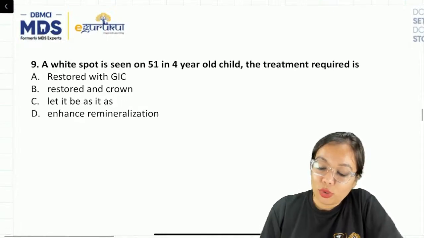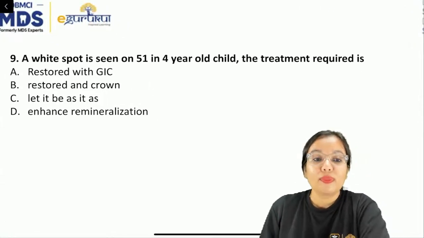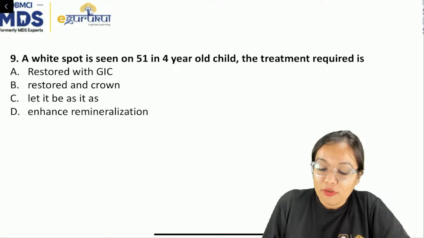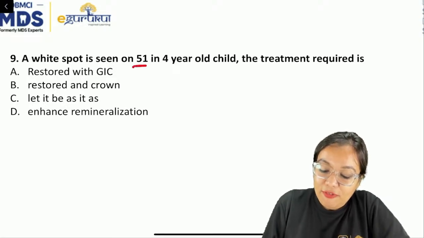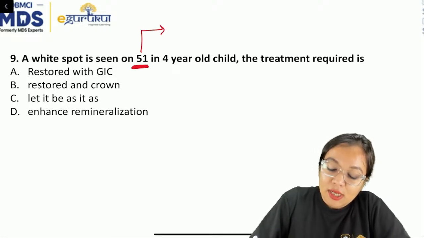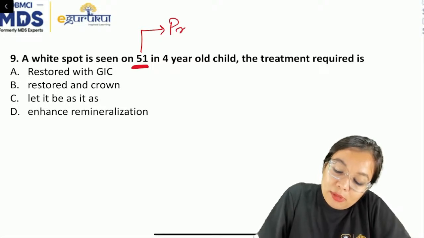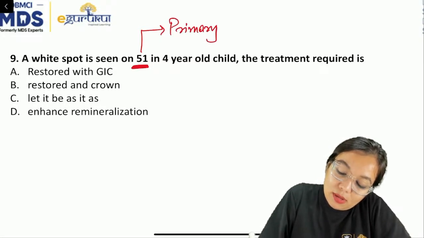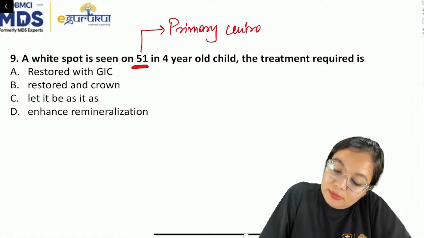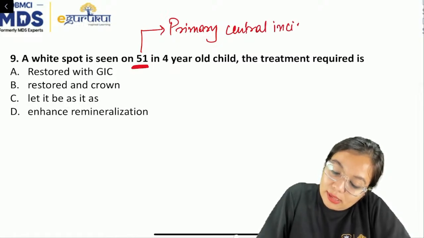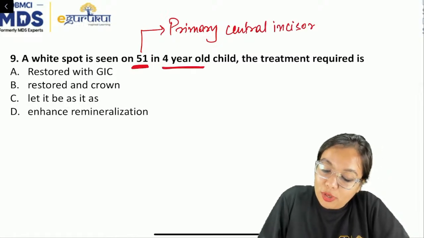Now let us hop on to the 9th question, which is a white spot seen on 5-1. So when I say 5-1, here I am talking about the primary central incisor in a 4-year-old child.